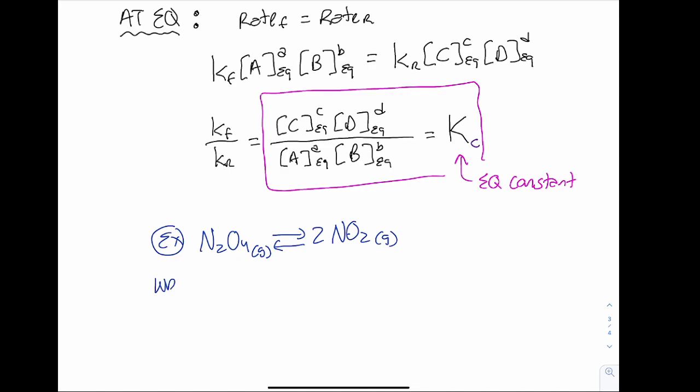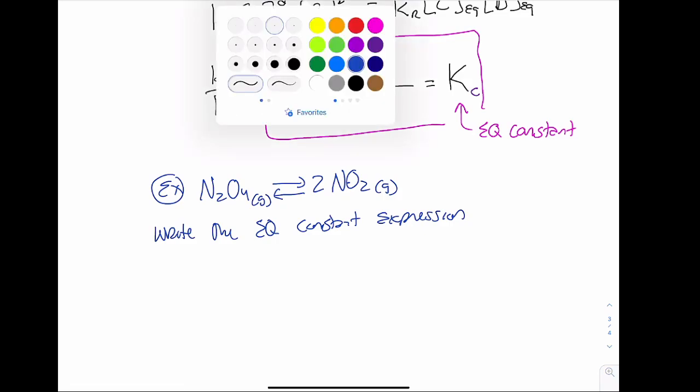So we are going to write the equilibrium constant expression. Again, it's just going to be concentration of products over concentration of reactants, each raised to a power equal to the coefficient. And then I'm going to set that equal to my equilibrium constant.